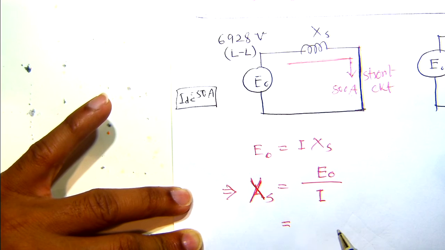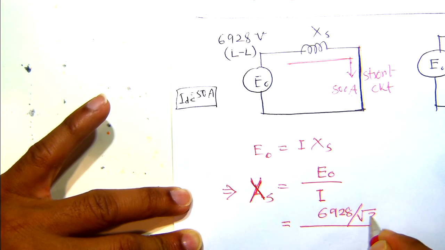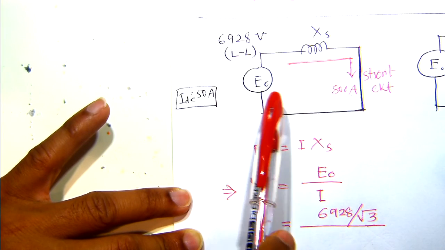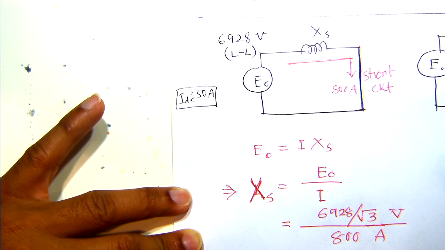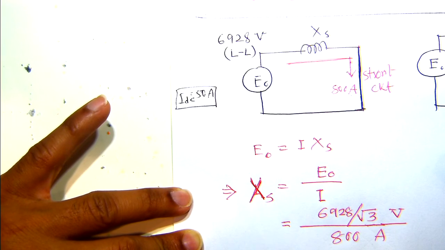And your E naught is 6928 divided by root 3, because that is given line to line, and in this calculation, this is a per phase circuit. And then your I is 800 ampere. So how much is your XS? That is 5 ohm.